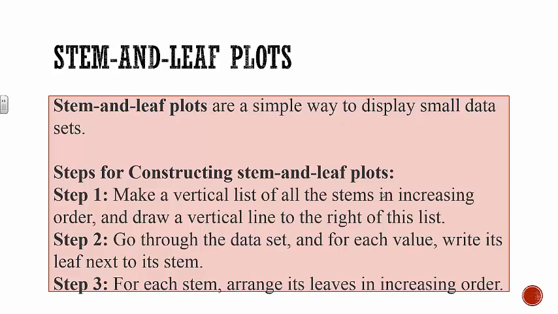I'm going to leave one digit out, and doing that, you can see whether your data is skewed left, skewed right, or symmetric. Now, the key is that it's only good to do with small data sets. If you had a data set of like 200 people, this would be unrealistic to do. But if your data set is small, it's a lot easier to do a stem and leaf plot than a histogram.